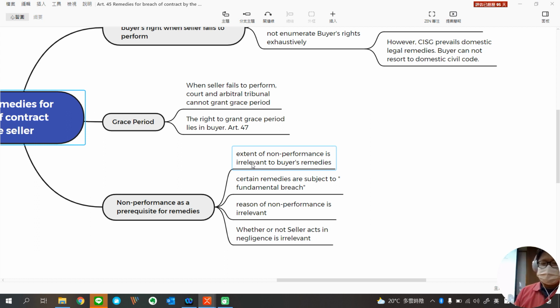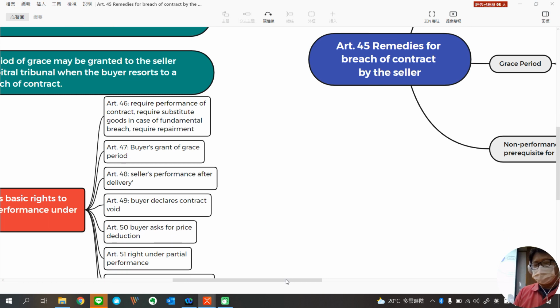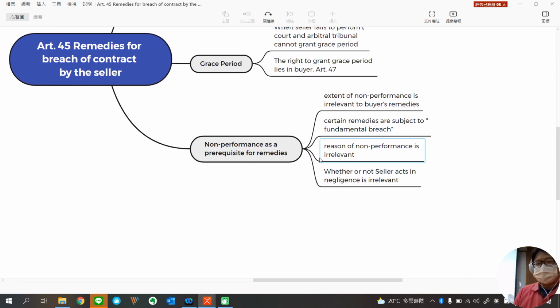Certain remedies are subject to fundamental breach, such as replacement. In case of fundamental breach, the buyer can ask for a substitute; normally, you cannot ask for a substitute.